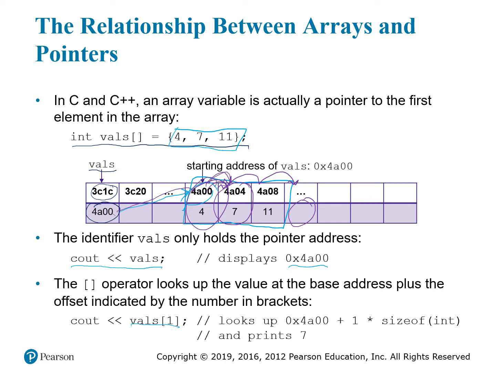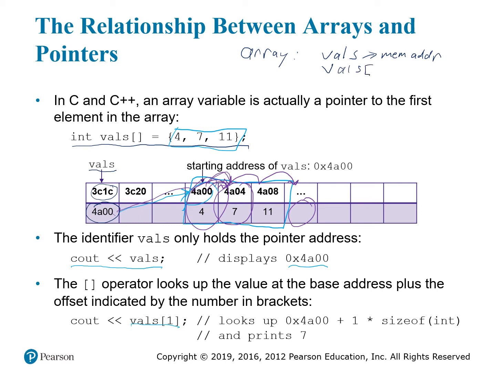So an important thing to note here is that an array and a pointer are very similar. Vals points to a mem address.